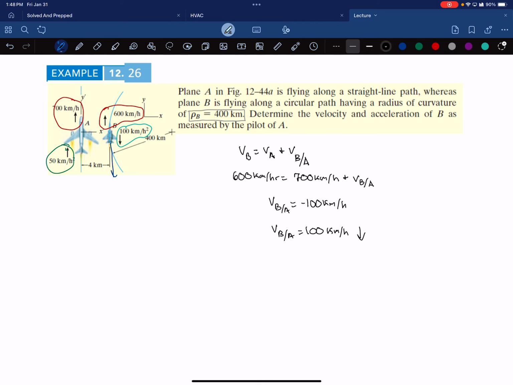So we can use the formula that the normal component of the acceleration of B is equal to the velocity of B squared over the radius of curvature, which in this case is rho B. So that's 600 kilometers per hour squared, divided by rho B, which is 400, and we get 900 kilometers per hour squared.